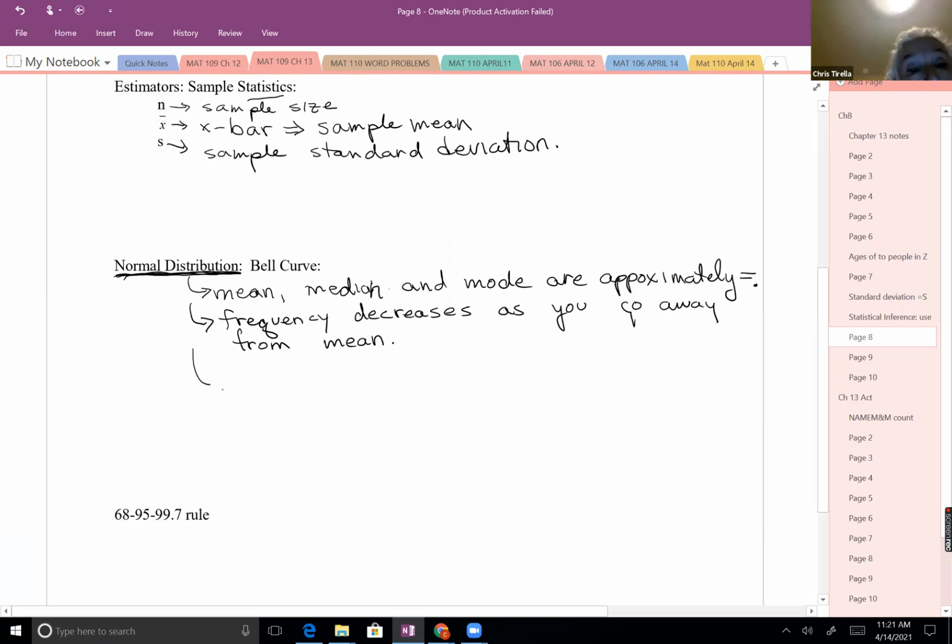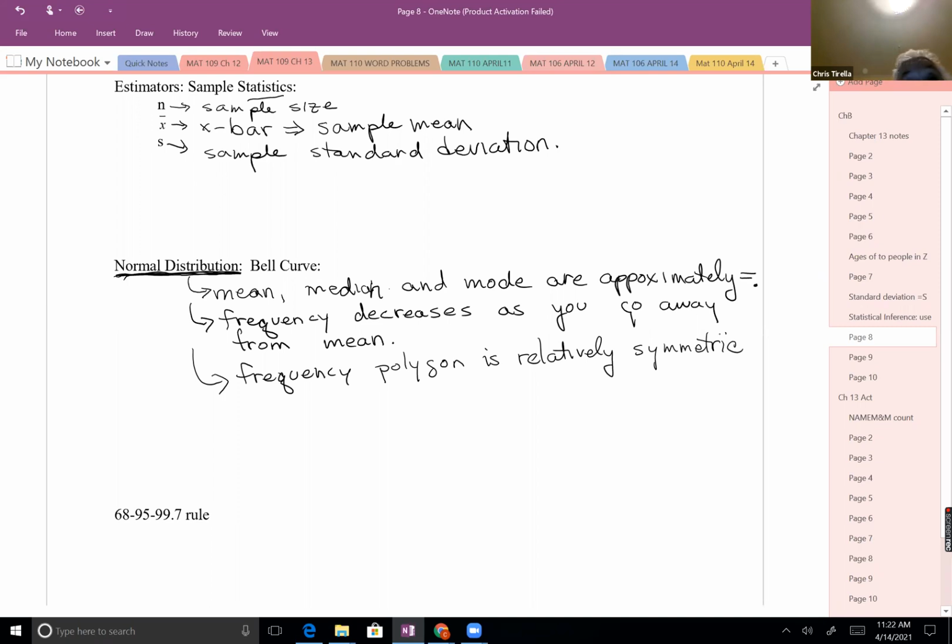And what happens is the frequency polygon is relatively symmetric. And we talked about the idea of symmetry, that if I folded it in half, the two sides should meet up.